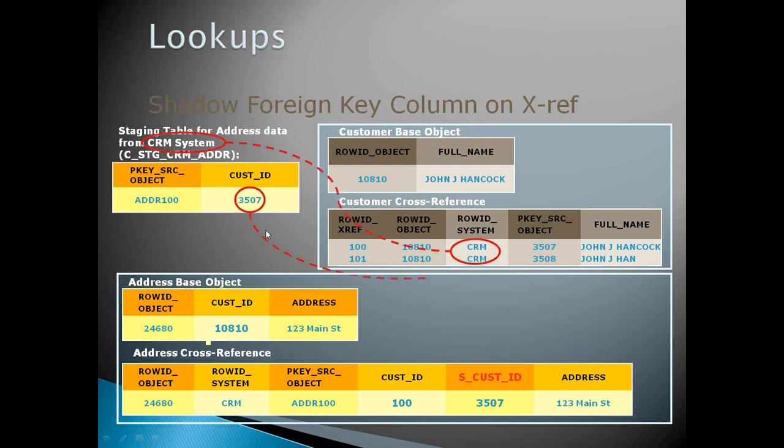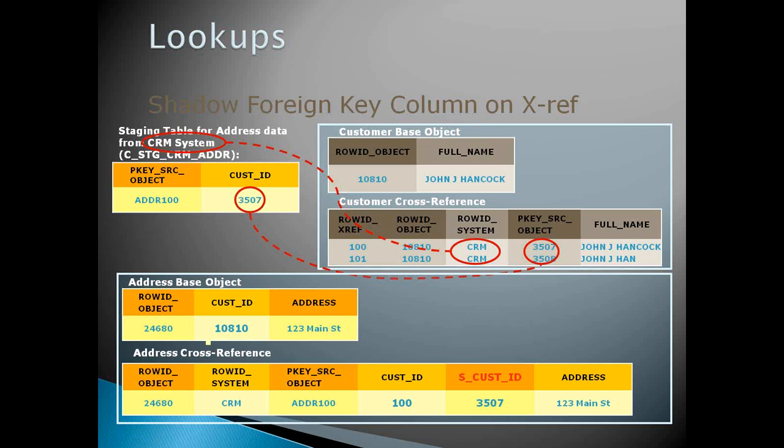So in this case, when you are trying to load this data into the address table, it will go and look up the parent table. The parent table is the customer table, and it went and checked whether for the CRM system the primary key, or the PK source object value, 3507 is present or not.